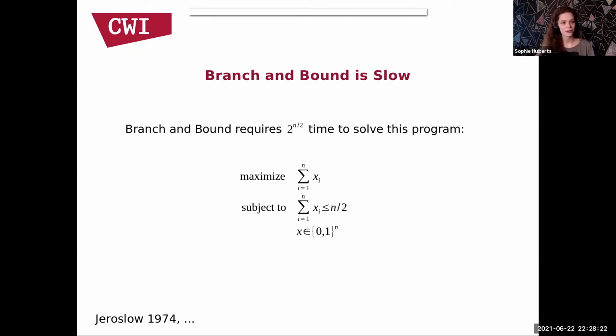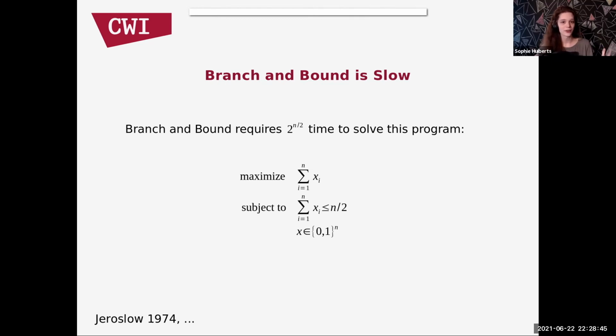The optimum value to this problem will be n over 2 rounded down. But if you would use a branch and bound algorithm to try and prove this, it would actually generate a tree of size at least 2 to the n over 2. So this algorithm is really slow on even this very simple input.